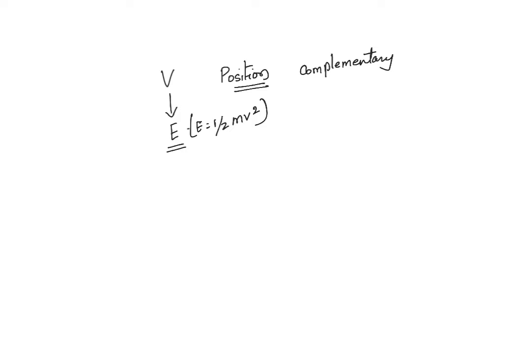In other words, if you can tell energy accurately, you can't determine the position, and if you can determine the position, you can't determine the energy of the electron. Now, most of the properties of elements depend on energies of electrons.